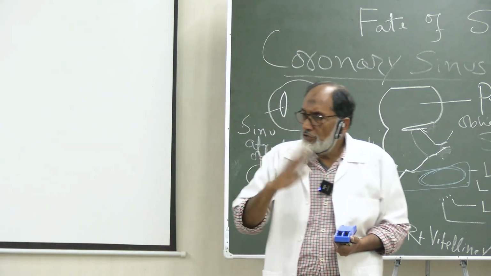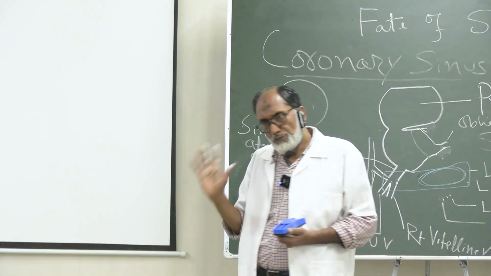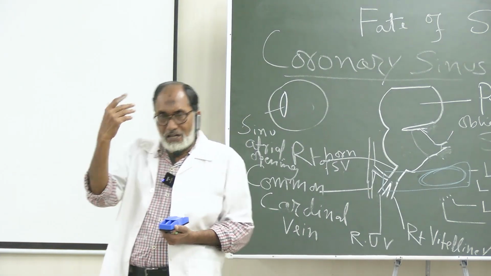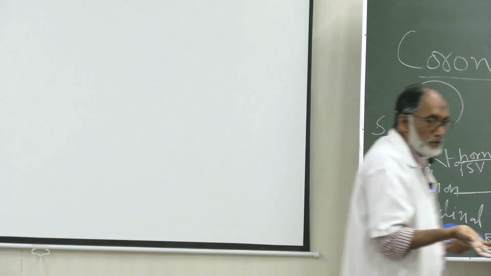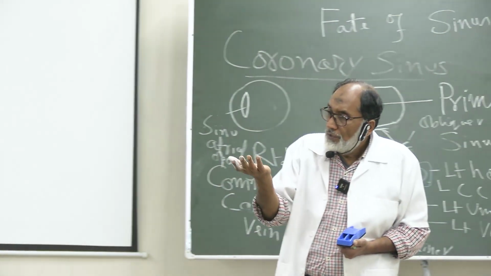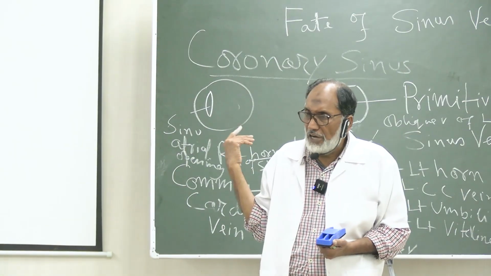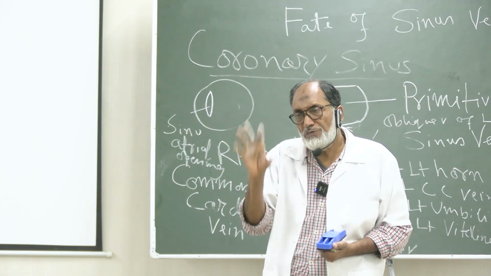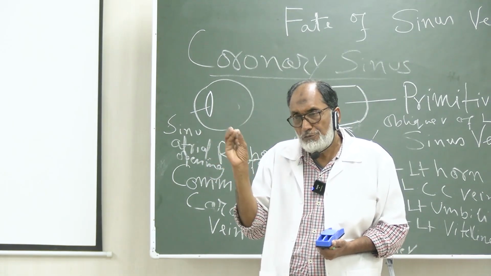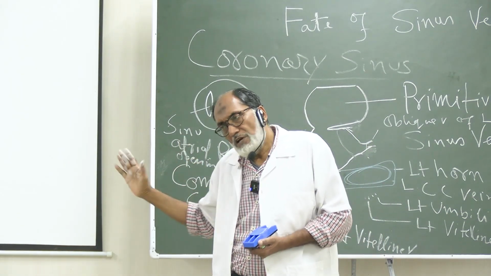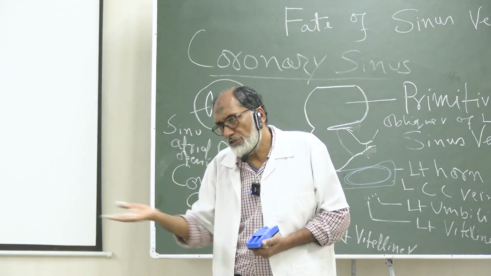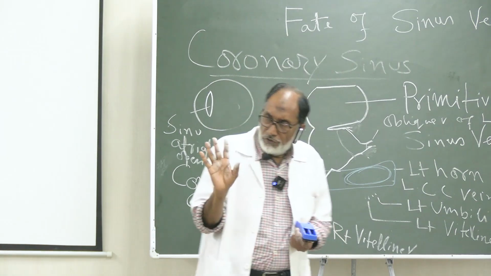So it will be divided into right and left. The right portion has a rough trabeculated part and a smooth part. Now the posterior smooth part of the right atrium actually develops from the absorbed part of the right horn of the sinus venosus and the right part of the body of the sinus venosus. Right?